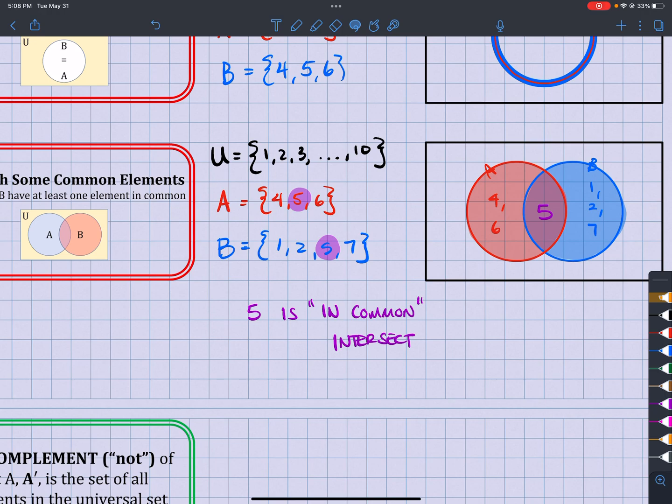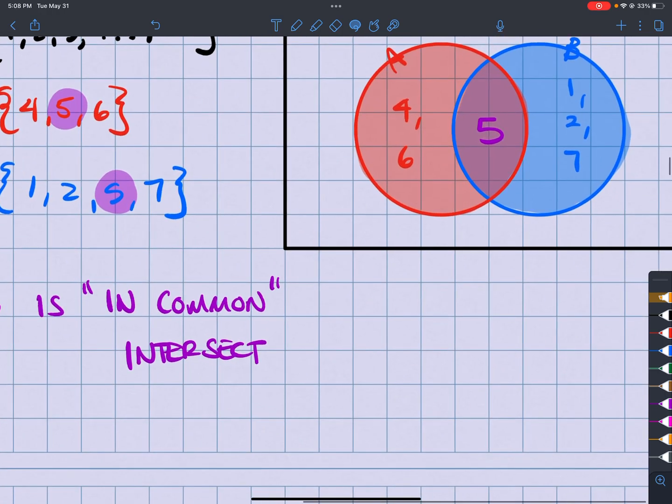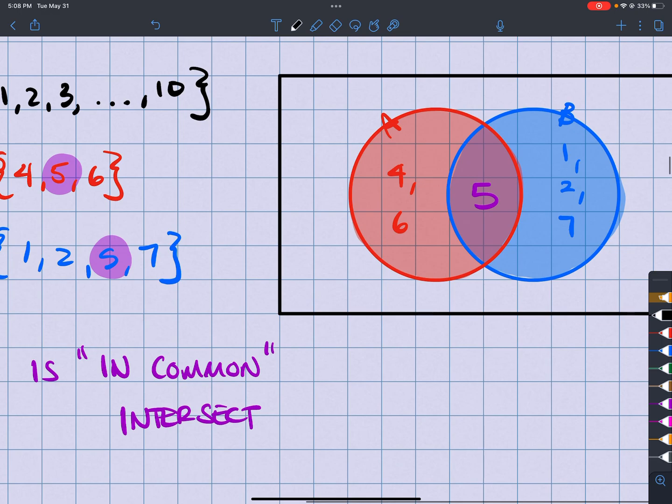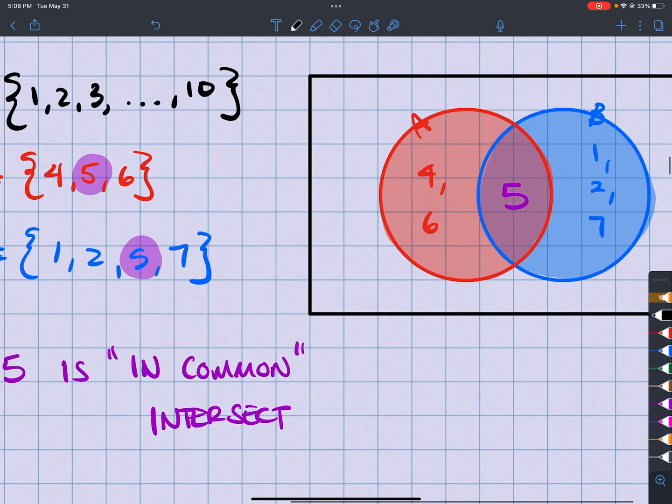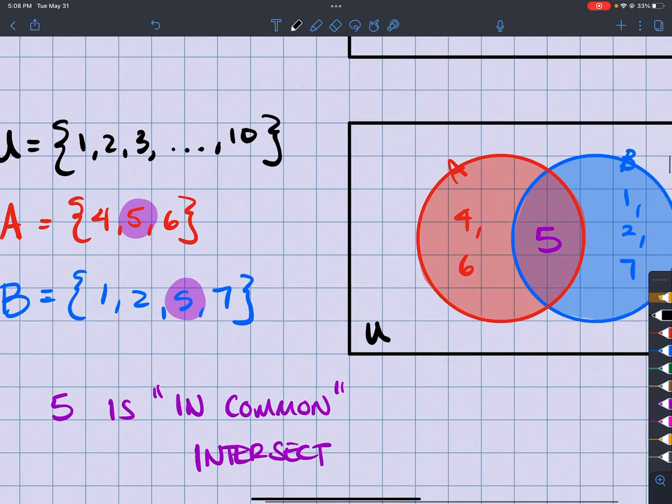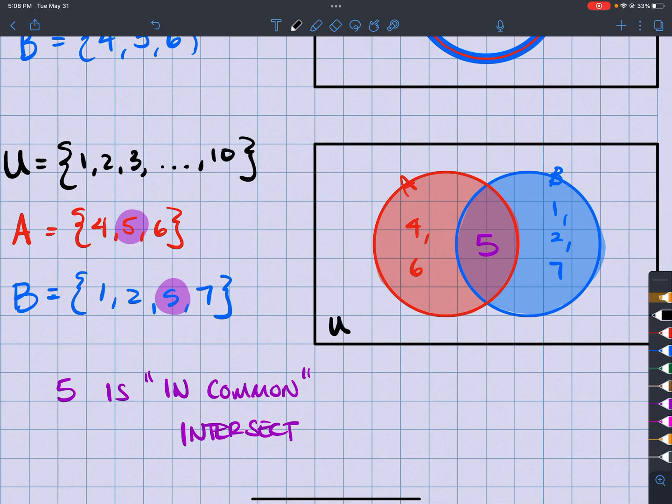Okay. Now, before I go into that, now let's talk about the universal set. What's left in the universal set if A and B is already there, right? So 1 is taken up, 2 is taken up, 3 is not, 4 is, 5 is, 6 is, 7 is, 8 is not, 9 is not, and 10 is not.